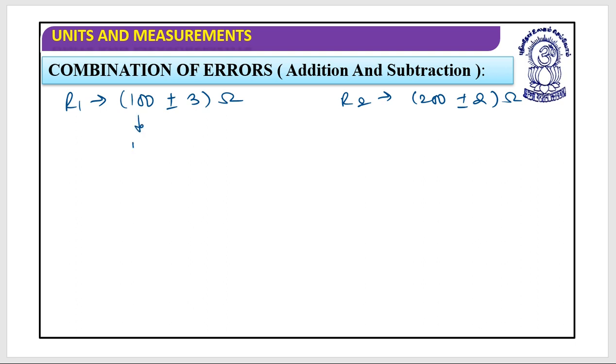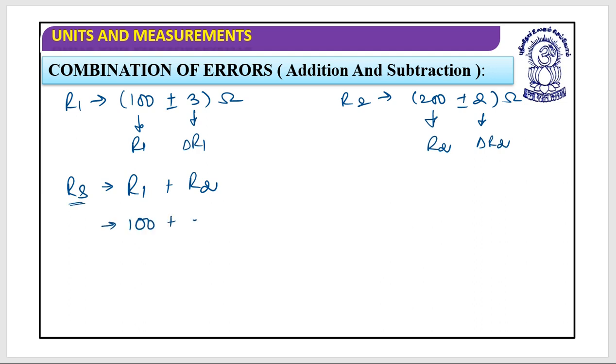Let's say this is the true value R1, this is delta R1, the error in it, this is the true value R2, and this is delta R2. For a series combination, I need to add them: R1 plus R2. So for RS, I do 100 plus 200, which gives me 300.